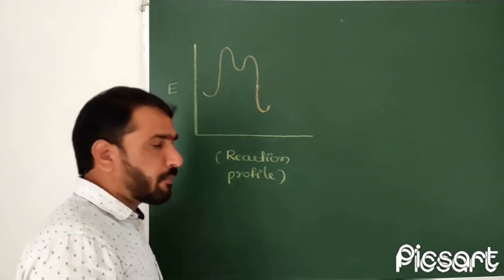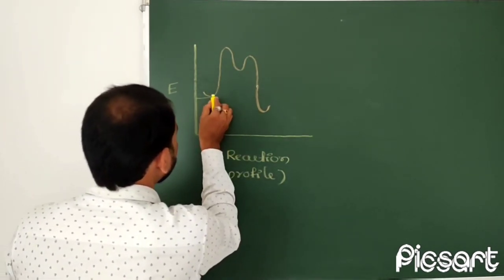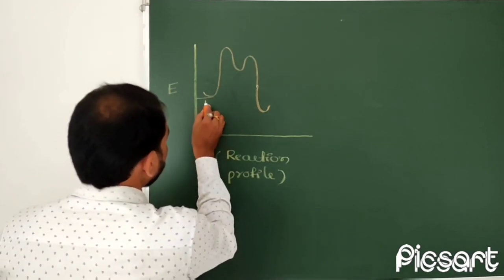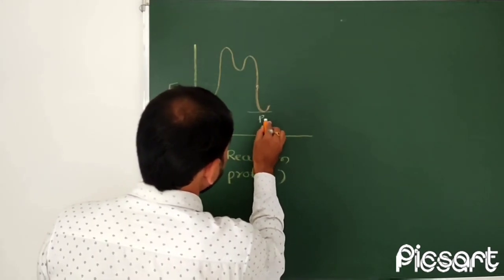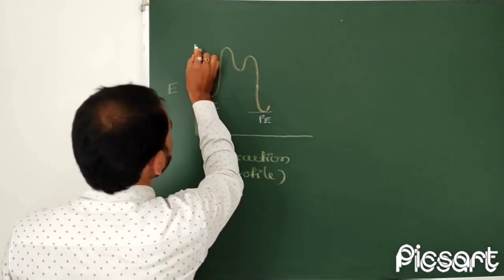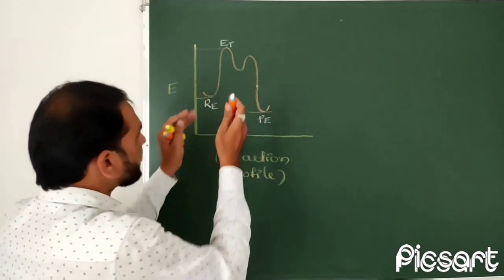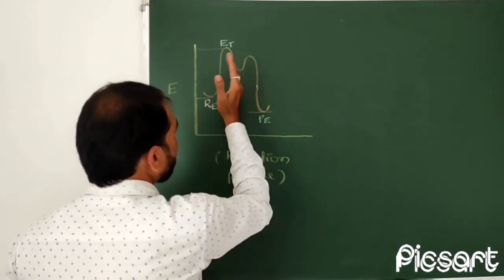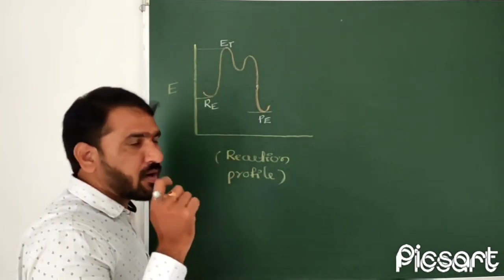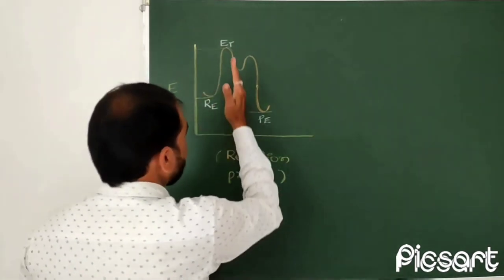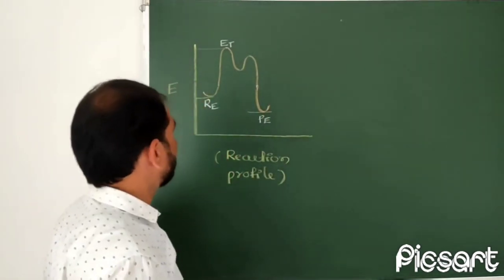This is the curve obtained in the SN1 reaction mechanism. So this energy is called the reactant energy. This energy is called the product energy, and this energy is called the total energy. And in the graph, two parts are there. This first part explains step 1 of the SN1 reaction mechanism. This second part explains step 2 of the SN1 reaction mechanism.